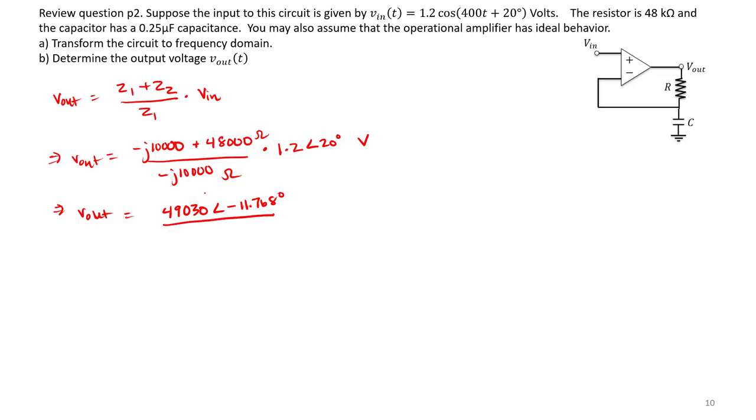And the denominator becomes 10,000 angle negative 90 degrees. Notice that normally this would be negative 10,000 angle positive 90 degrees, but I rotated 180 degrees to make the amplitude positive.